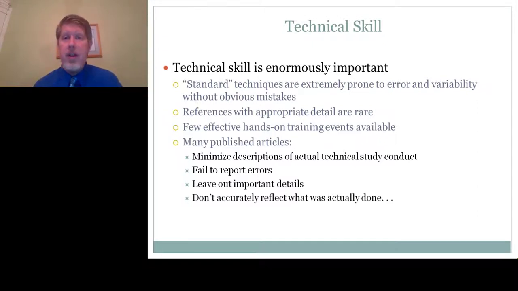Those are the details that can lead you down the wrong path. And one of the things that is wonderful in this era of the internet, and I'm old enough to remember when we didn't have one, is that, surprisingly, the details of the technical conduct in a paper aren't actually 100% accurate.